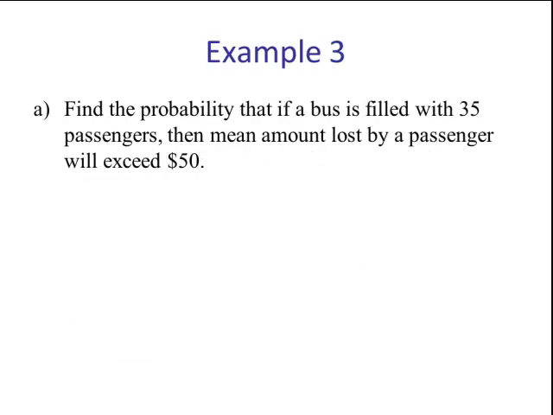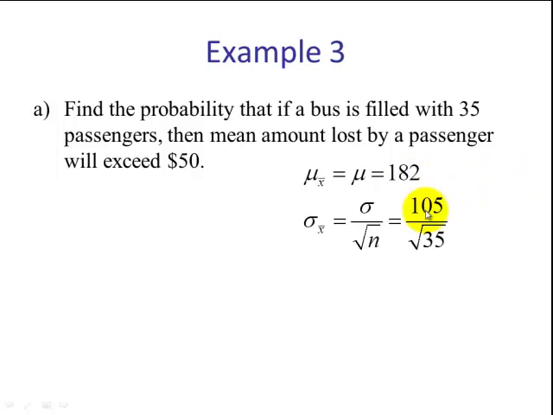A, find the probability that if the bus is filled with 35 passengers, the mean amount lost by a passenger will exceed $50. We're dealing with a sampling distribution of size 35, so we know the mean is equal to the population mean, $182, and the standard deviation is 105 divided by the square root of 35.